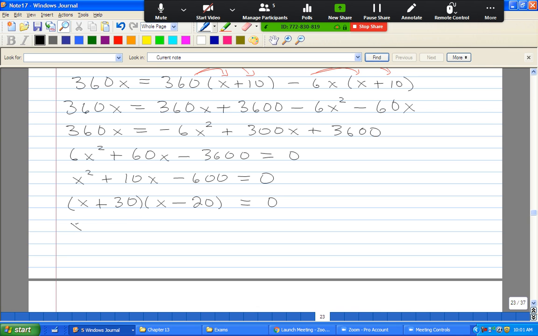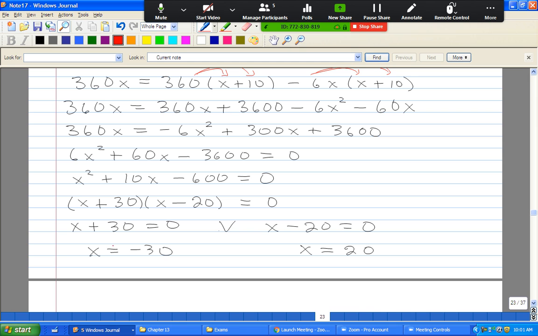And so x plus 30 is equal to 0, or x minus 20 is equal to 0. Subtract 30 from both sides. Add 20 to both sides.